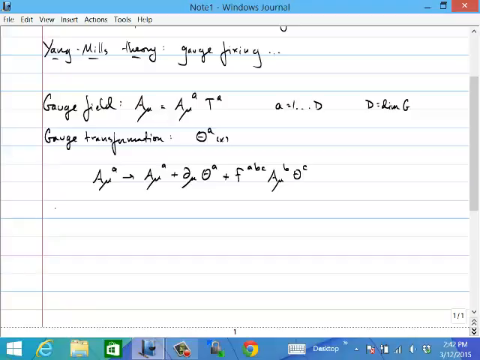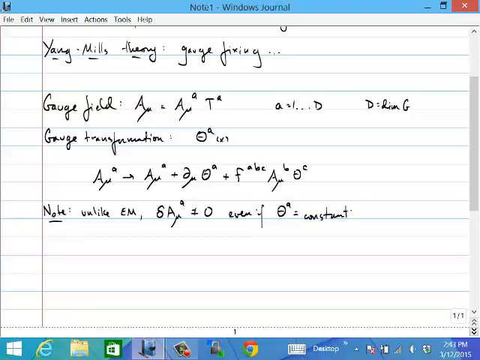One thing that I think is worth emphasizing even at this early stage is that unlike the case of electromagnetism, that is to say U(1) gauge theory, the gauge field A transforms even if theta is a constant.